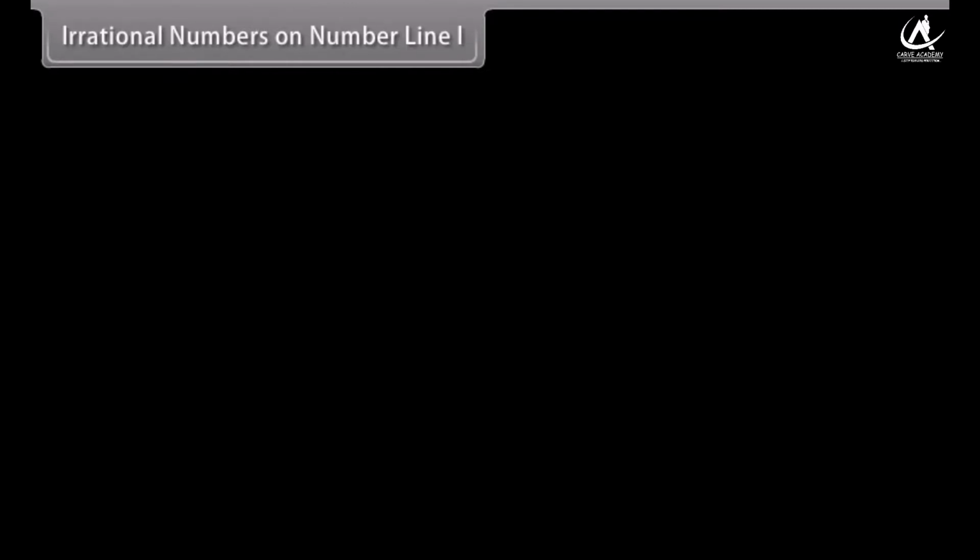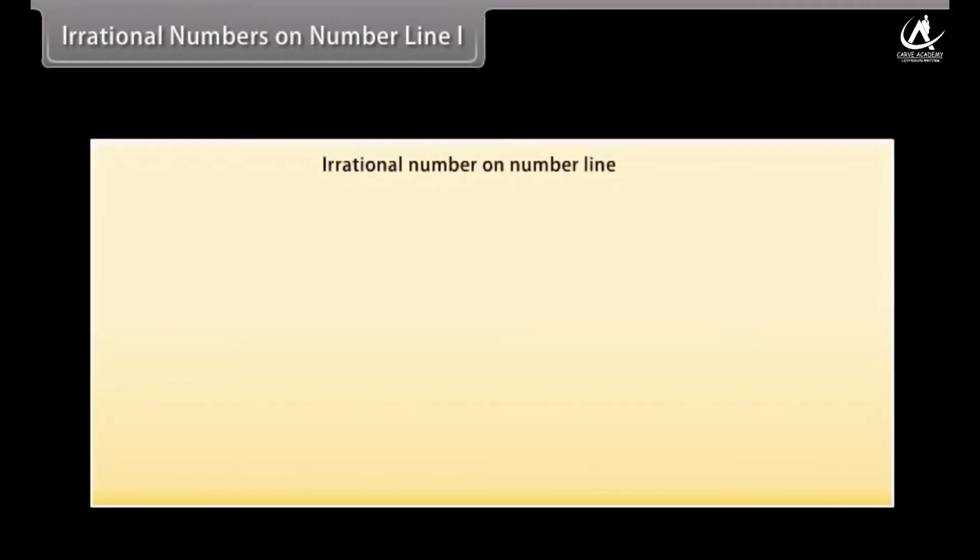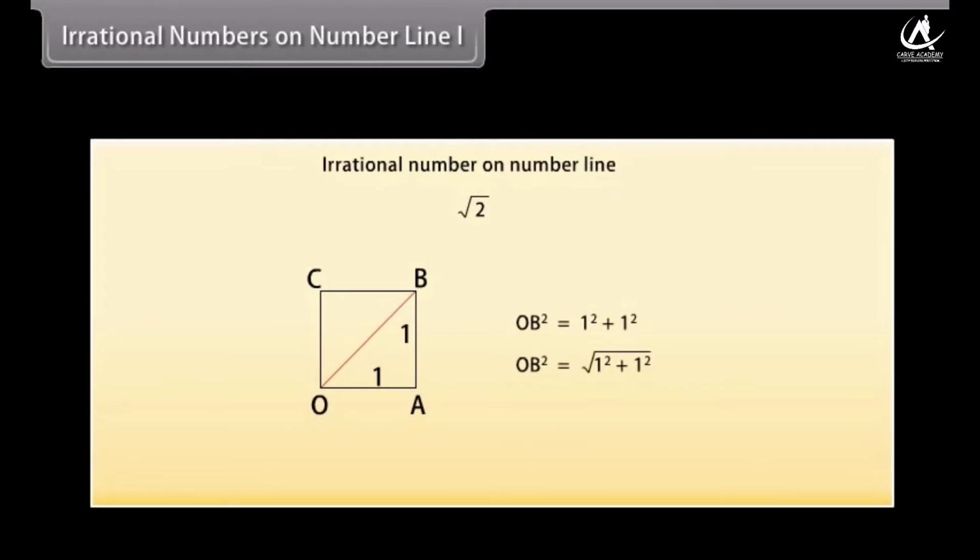Irrational numbers on number line 1. Now we will learn to locate irrational numbers on a number line. Let us see where square root 2 is located on a number line. For this, we will first consider a unit square OABC with each side 1 unit in length. Now, by using the Pythagoras theorem, OB squared is equal to 1 squared plus 1 squared, or OB is equal to square root of 1 squared plus 1 squared, which is equal to square root of 2.